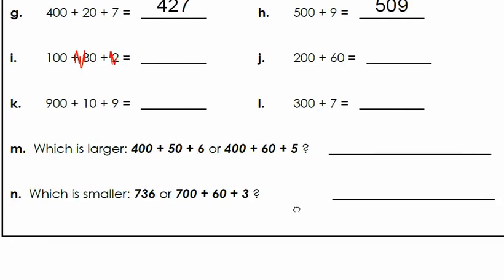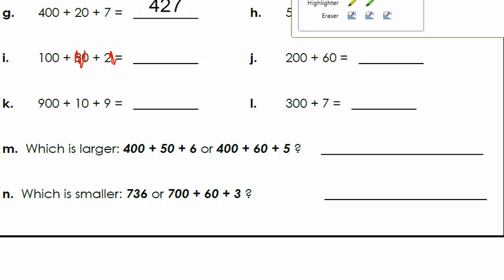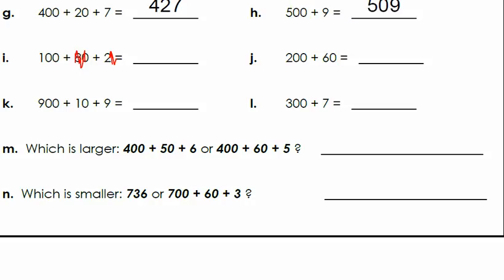All right. Look at M and N. It says which number is larger? Well, if I write this in standard form, I get 456, right? And here I have 400 plus 60 plus 5, so what number is that? 465. Which one's larger? 465.